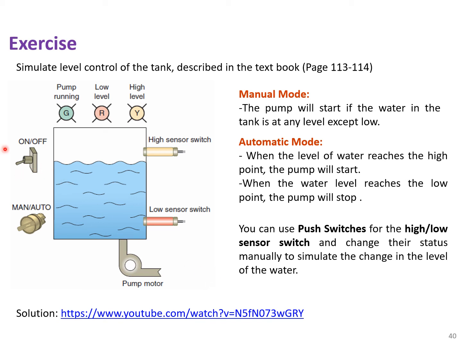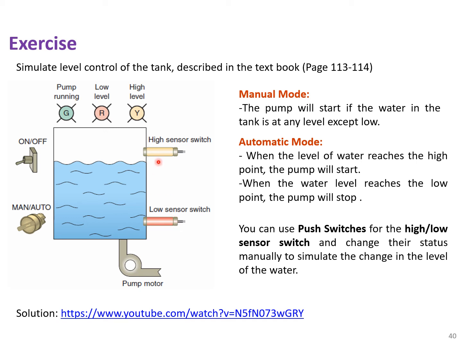We have some inputs: on and off switch, which we could use to turn the motor on and off. We have a manual and auto switch, which we could use to switch between manual mode and auto mode. We have two sensors, which are again our inputs to our PLC.